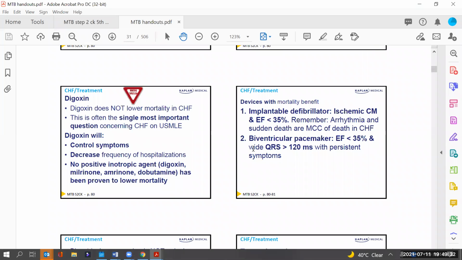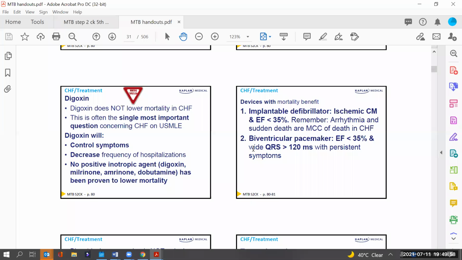Now again, an important thing. If you have ACE inhibitors in the answer choices, and implantable defibrillators also in the answer choices, never go for the defibrillator on the first attempt. You have to go for the medication first. If the question says advanced disease and you don't have any other option, or asks about long-term planning, we can choose the implantable defibrillator.